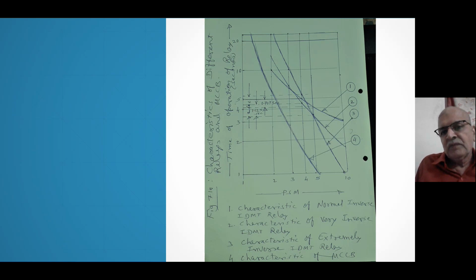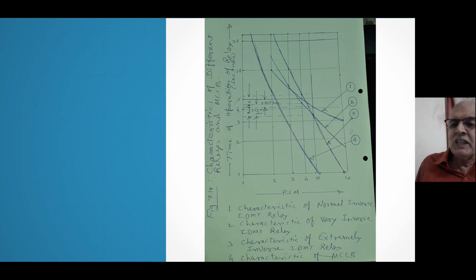Sorry, for extremely inverse the difference is 2 seconds. So the difference is more. That is, the characteristic is now justified for the same power system; the difference is more for the extremely inverse relay.